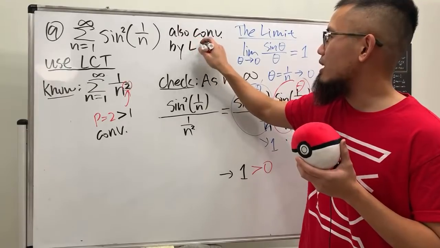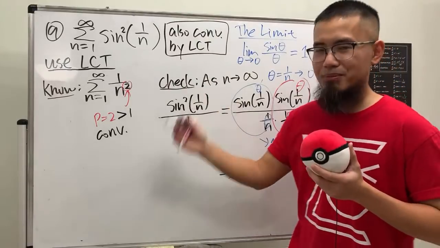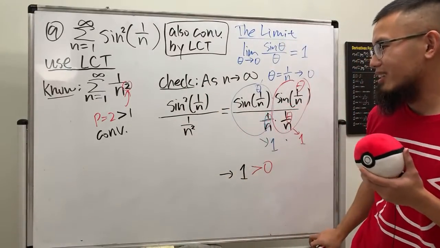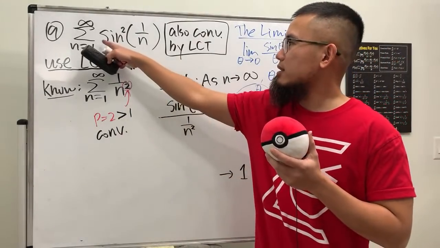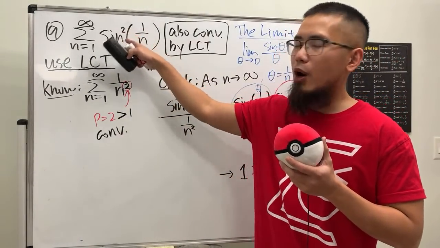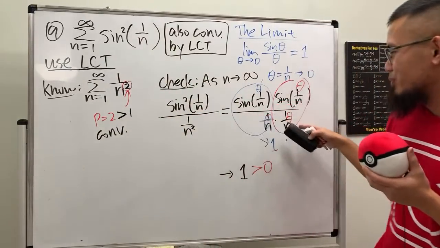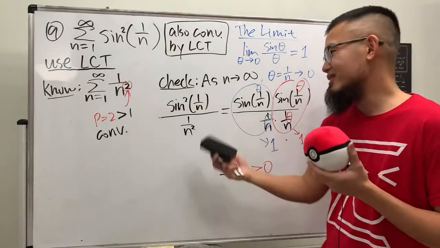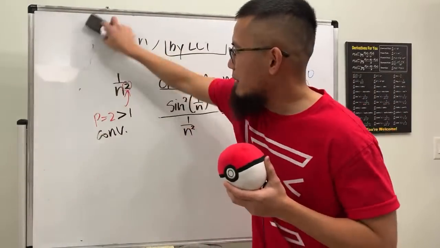Because we use the limit comparison test. So show the work, box the answer for the conclusion. That's all. And you can imagine if I ask you guys the series of sine to the third power of 1 over n, you just use 1 over n to the third power and you can just break it down this way by 3 times, same thing. All right, so that's number 9.